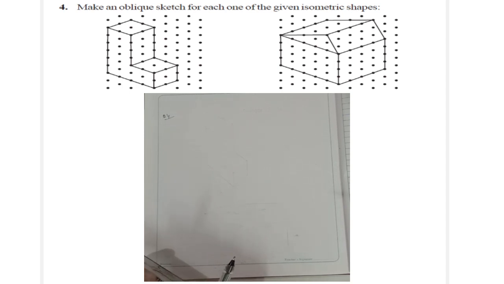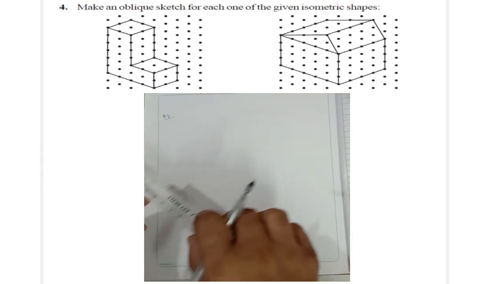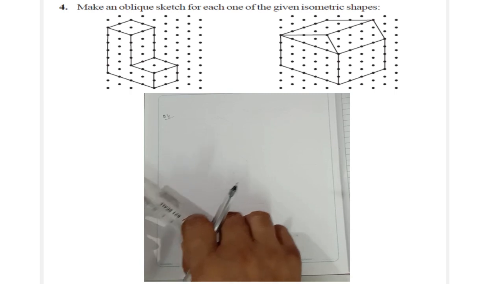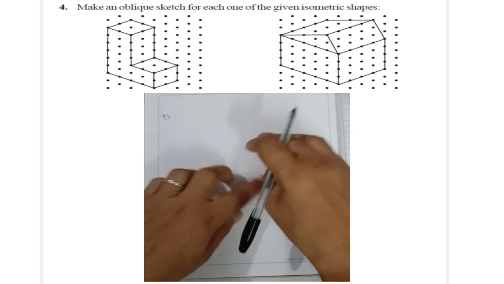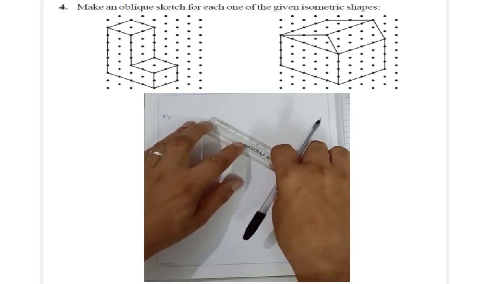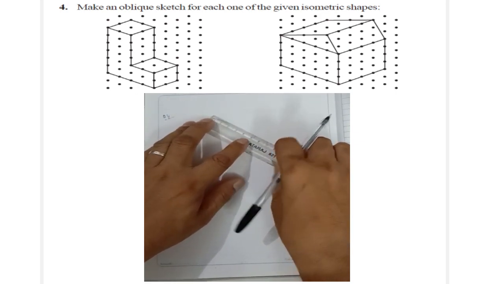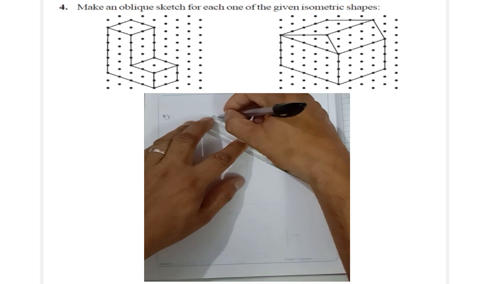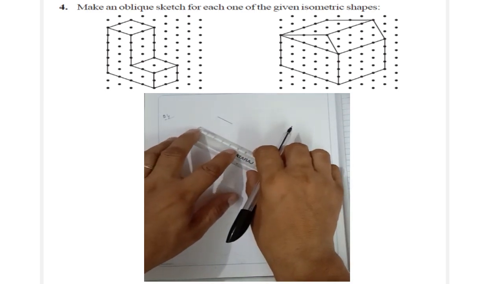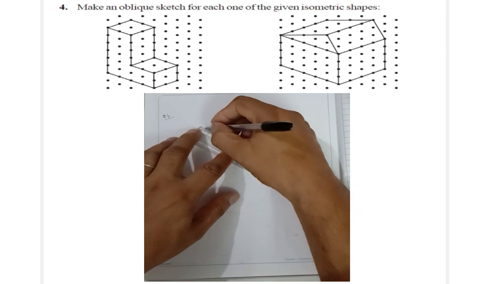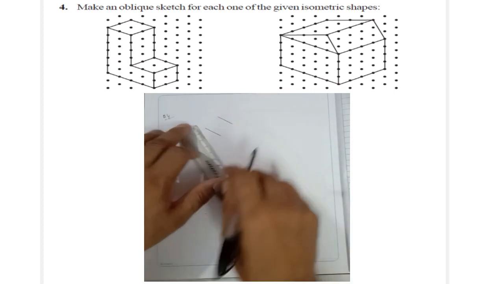Here see the first one. Let us start from the top, and the top is 2 centimeter. This top is a square of length 2 centimeter. Here we have to make a square of length 2 centimeter.